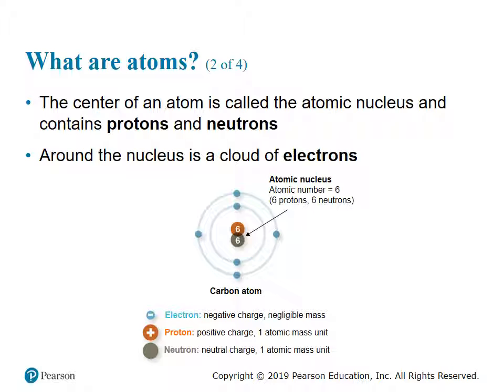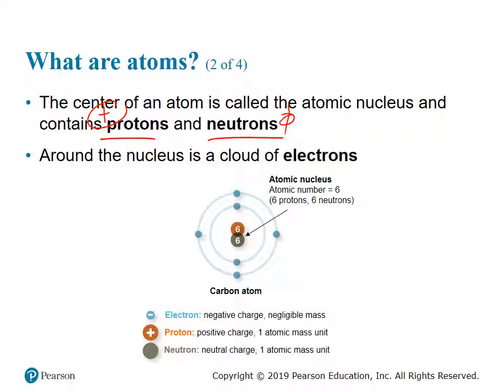The center of an atom is a nucleus, and that center contains both protons and neutrons. Protons are positively charged particles. Neutrons are no-charge particles. We call that the nucleus, or the center portion of an atom.